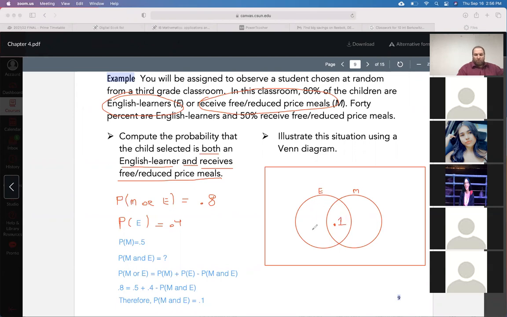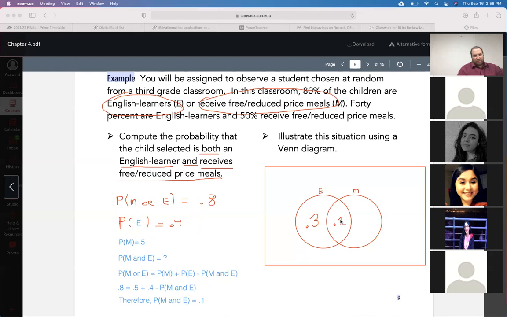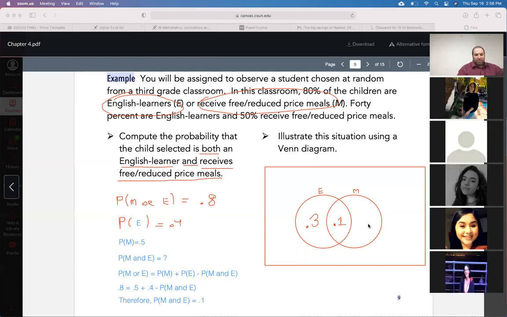Now, what's this one going to be here? 0.3. Excellent, 0.3. Not 0.4, because remember, all of E is 0.4, but we already have 0.1. That's part of E, correct? Yes. So the rest of E is going to be the remaining 0.3. And how about the rest of M? What's that going to be? 0.4. That's going to be the remaining 0.4.